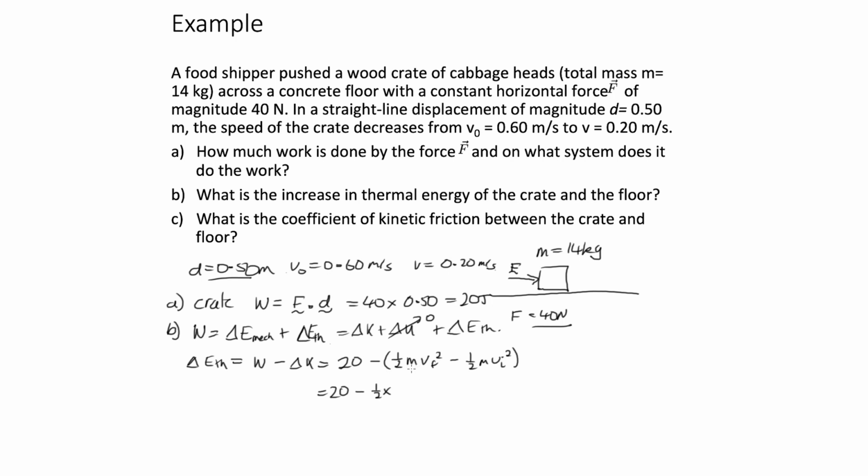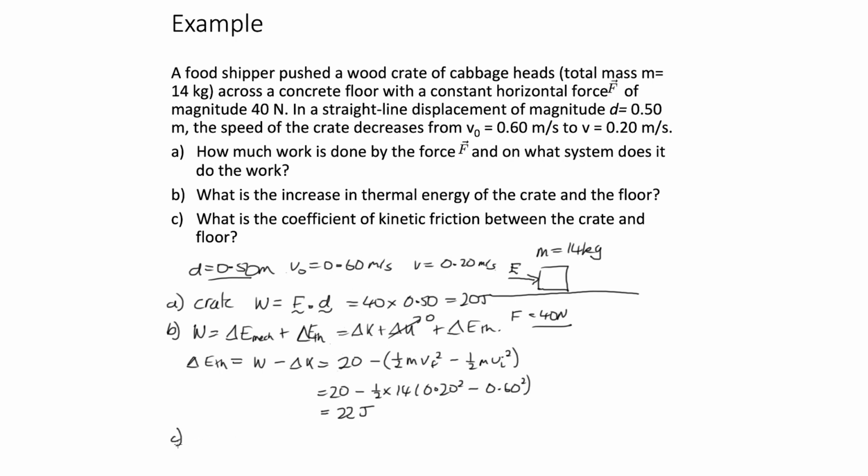I'm pulling the half and m out as common factors, and then I've got my final velocity squared, which is 0.20, and I've got my initial velocity squared, so 0.60 squared. And so solving this, I end up with 22 joules. So it's gaining 22 joules of thermal energy.